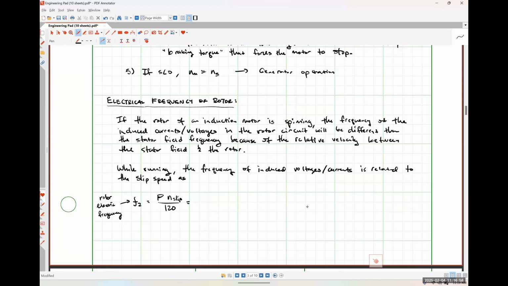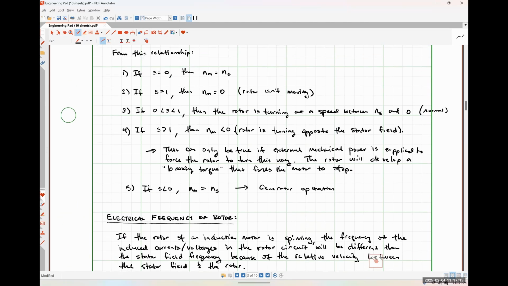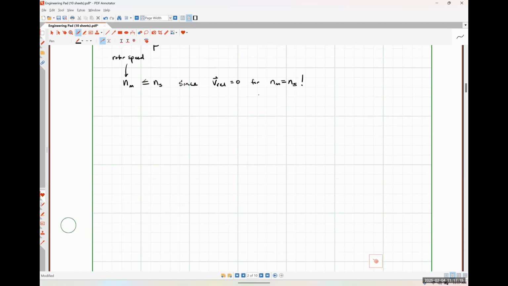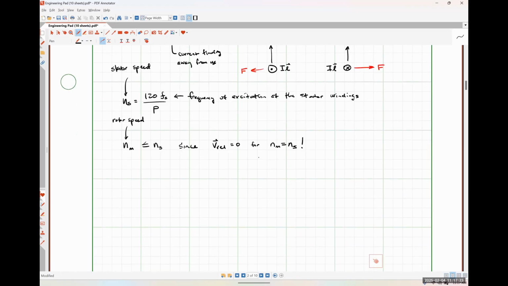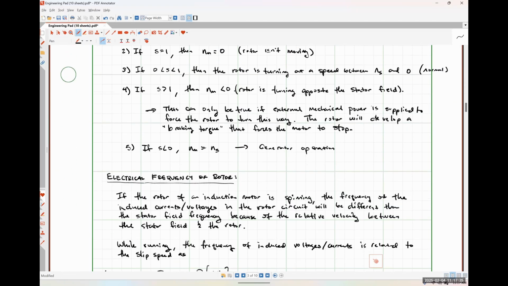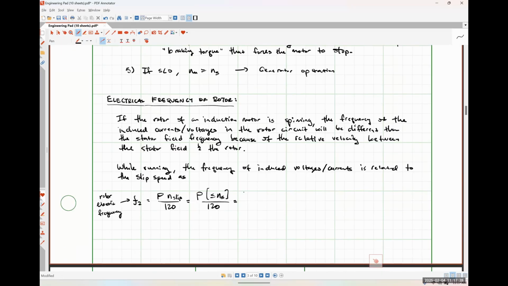So we'd have P times S NS over 120. Now we know that NS, if we go back here, is 120 times our stator frequency over P. So I can substitute that in. So that looks like P over 120 times S.